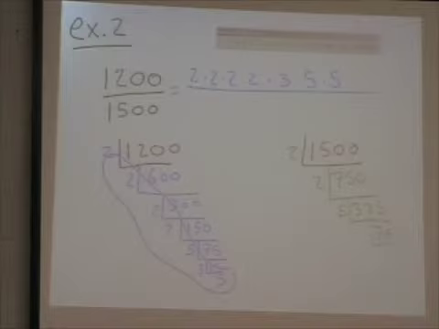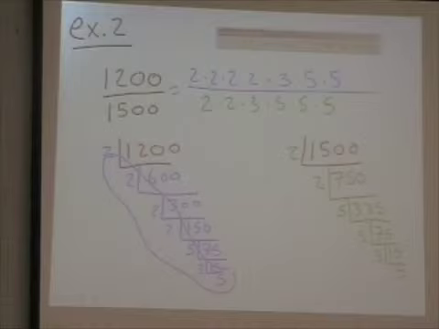Now 5 goes into 75 15 times. And 3 goes into 15 5 times. So I'm going to write my prime factorization of 1,500 up here: 2 times 2 times 3 times 5 times 5 times 5.